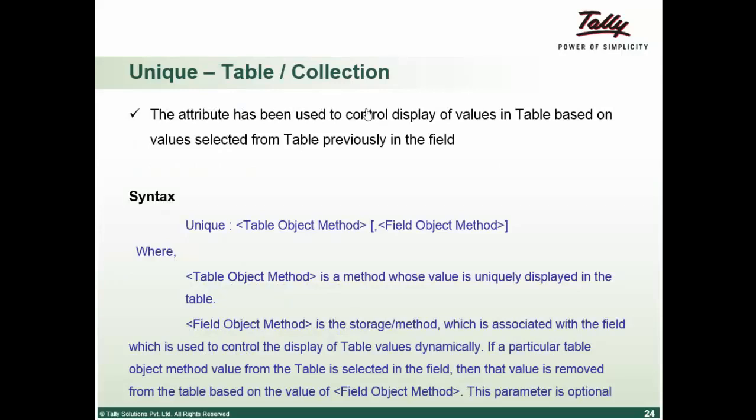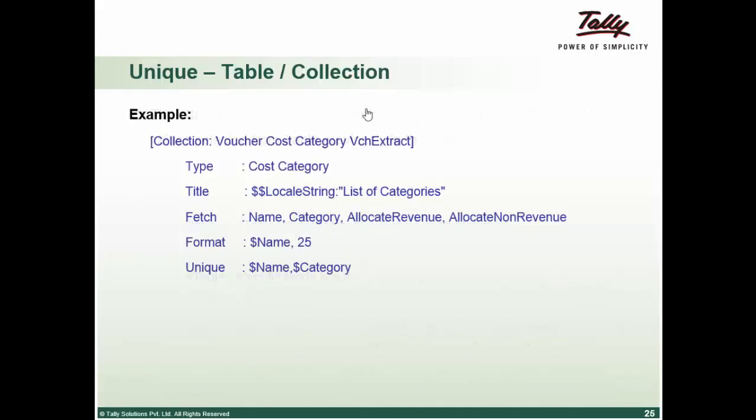This unique attribute is used to control the display of the values in the table based on the values selected from the table in the field. So values that you have already selected should not get displayed. So for that you have to use $name, which is from the current table, and $method, that is from your field level where this collection is getting displayed as table.